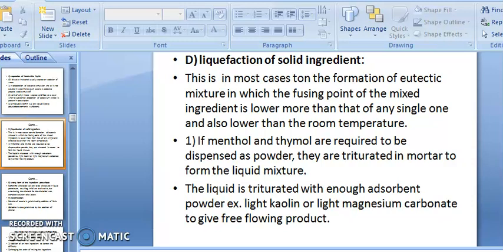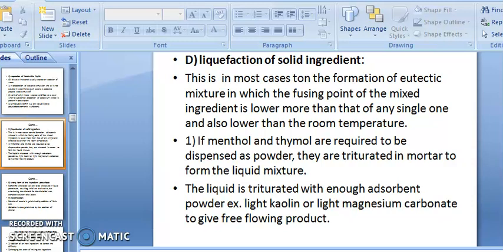When combining solid formulation with solid formulation, there is a decrease in melting point that leads to the formation of a liquid preparation. If menthol and thymol are required to be dispensed as a powder, what happens with this combination? They are triturated together to form a liquid mixture. While triturating, the decrease in melting point leads to the formation of liquid.